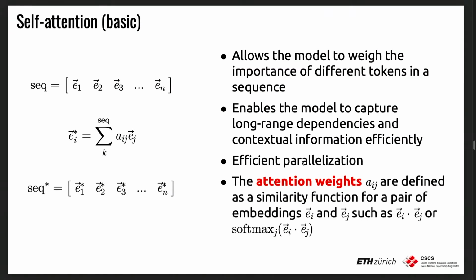Okay, and in practice, this is done, if this is the sequence as embeddings, by taking each of these vectors, let's say the first one, and getting a weighted average of the rest, and replacing it, and the same for the second, all of them.